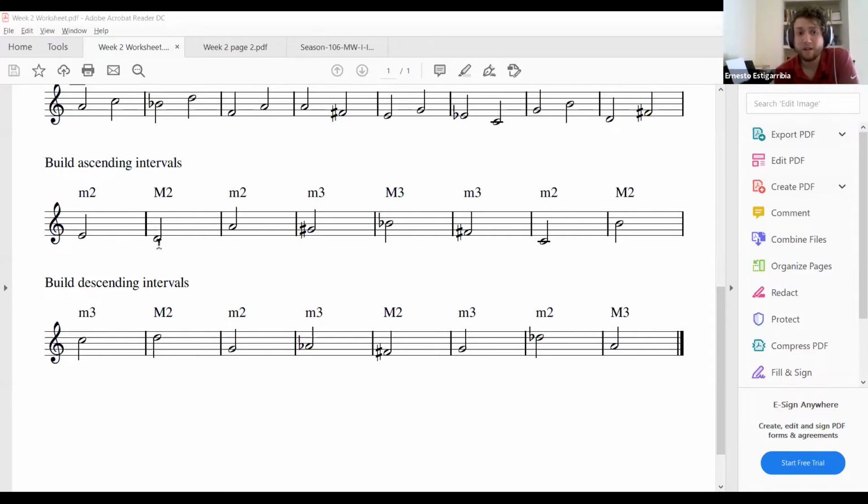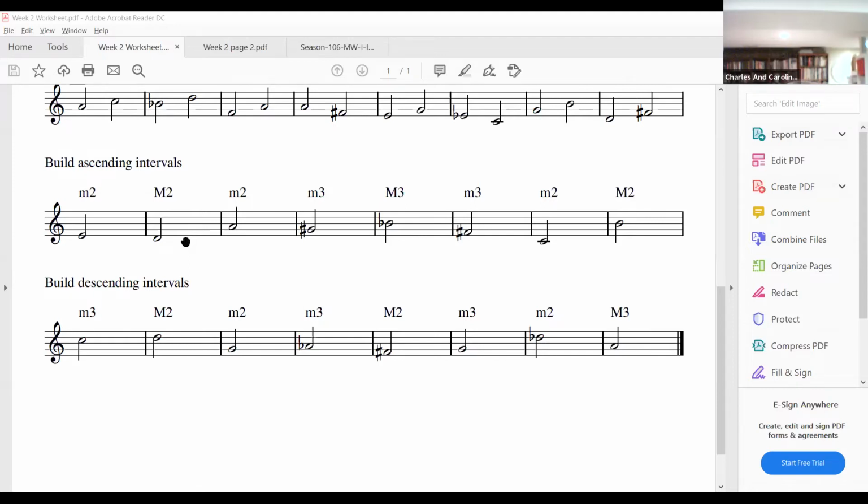Give me a major second above D. Anyone? Major second. Yes, above D. What note is it? First of all, tell me what note is it?